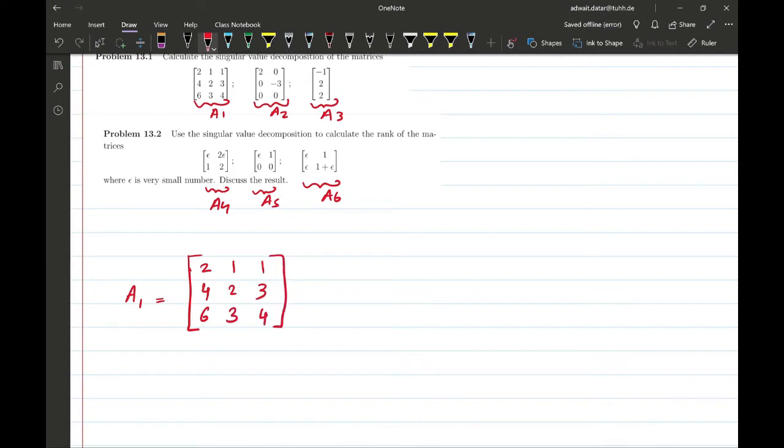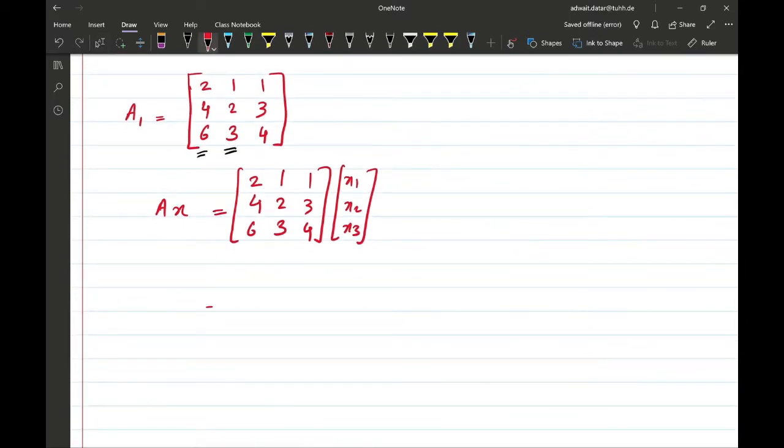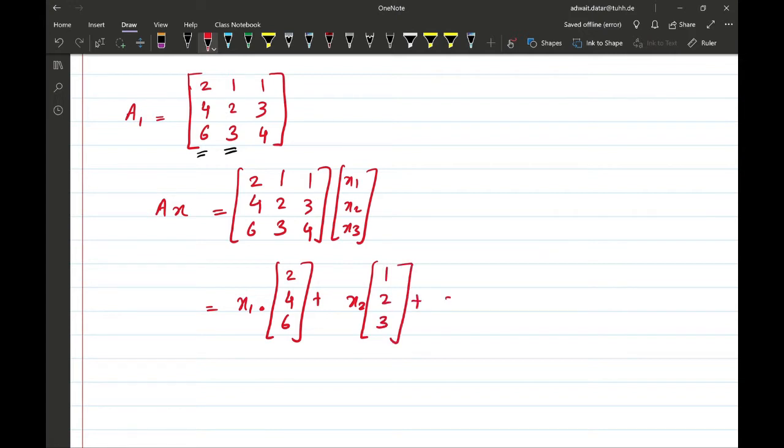Now one thing to notice here is that the first column is basically the second column multiplied by 2, and therefore if we take an arbitrary input x, Ax could be written as 2 4 6 1 2 3 1 3 4 times x1 x2 x3, which would give us x1 times 246 plus x2 times 123 plus x3 times 134.